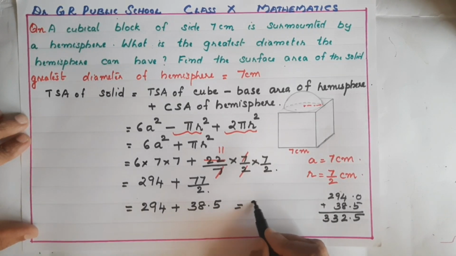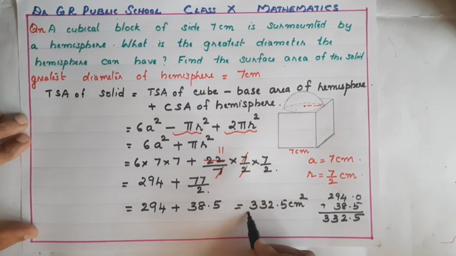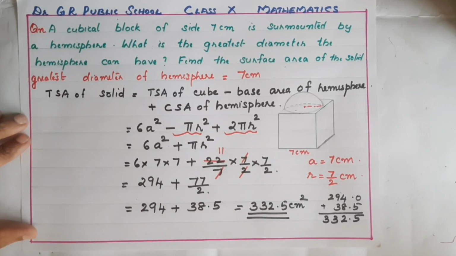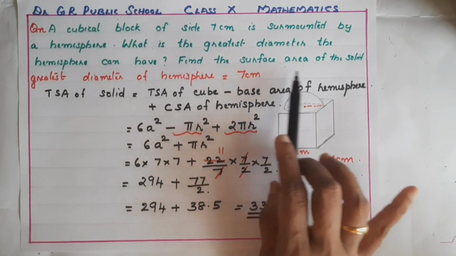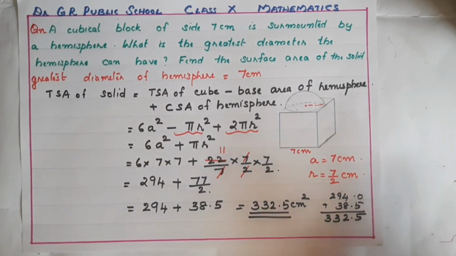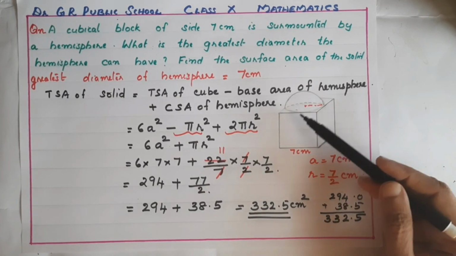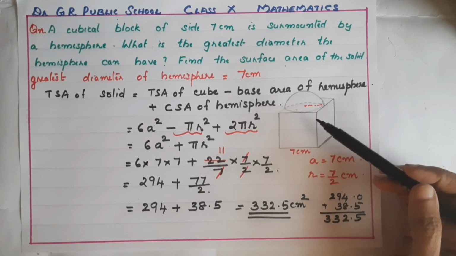So what is the answer? 332.5 centimeter square. So you have to remember in all questions of surface area, when we find out the surface area of the solid, we have to take the area of all the visible surfaces.